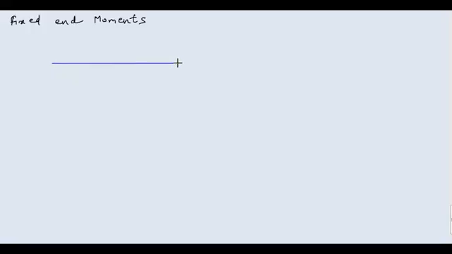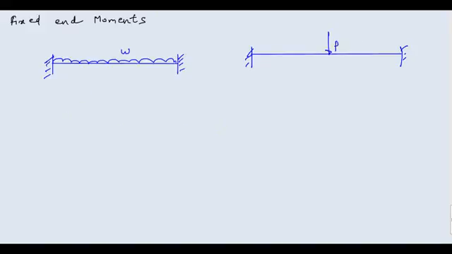Suppose both ends are fixed, obviously, because you are asking for fixed end moment, and then you have UDL of W. Maybe the next case can be that both ends are fixed and a center load P is acting. Another case can be that both ends are fixed and P is acting in an unsymmetric way, at distances A and B.